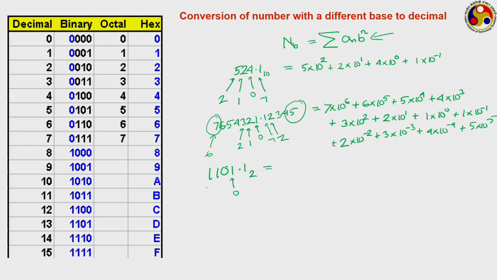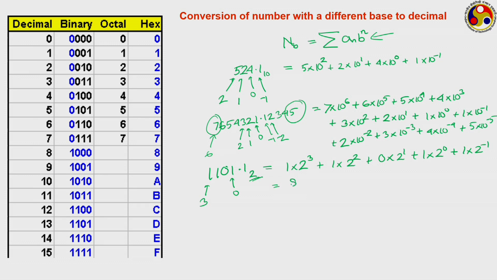The most significant digit has a weightage of 3. So we have 1 into, what is the base here? It is binary, the base is 2. So 1 into 2 to the power 3 plus 1 into 2 to the power 2 plus 0 into 2 to the power 1 plus 1 into 2 to the power 0 plus 1 into 2 to the power -1.